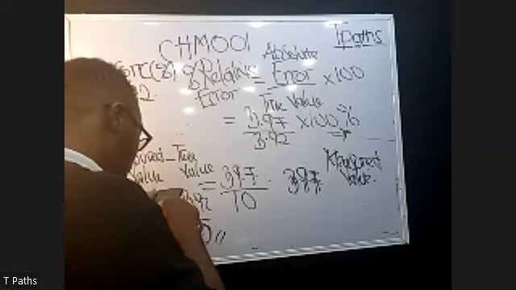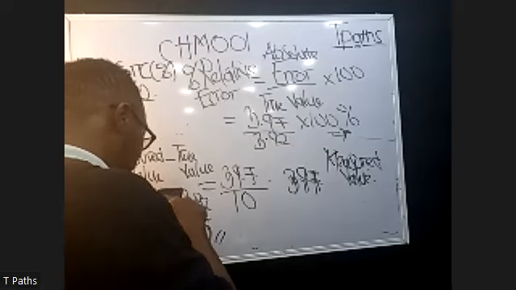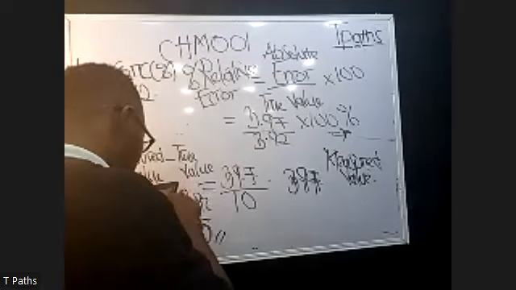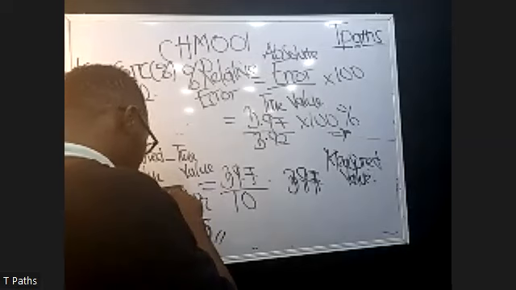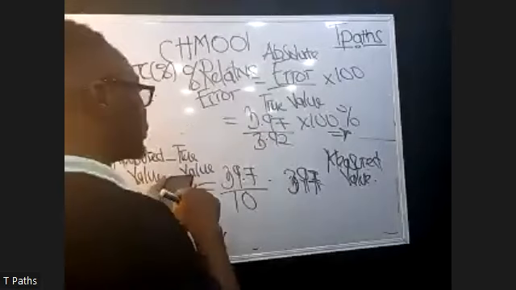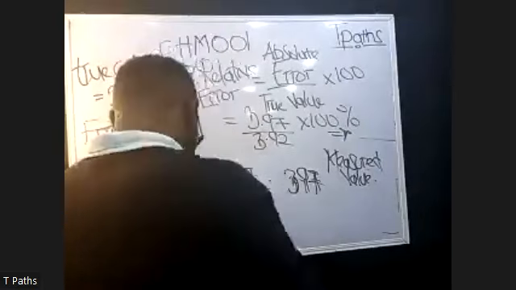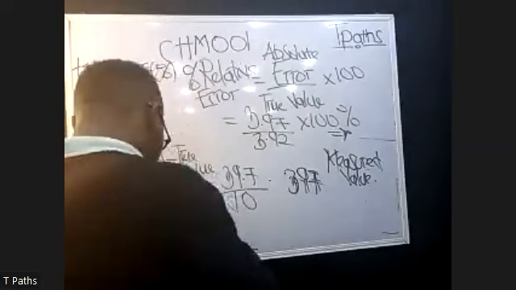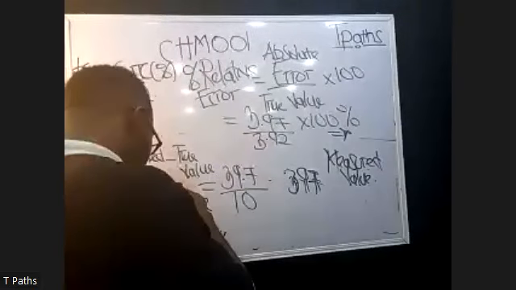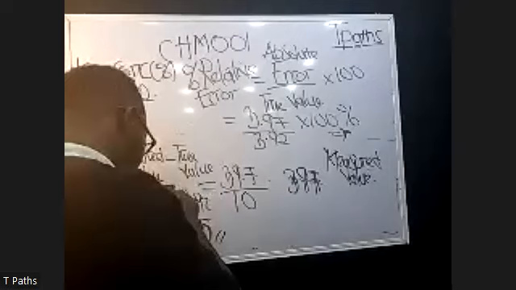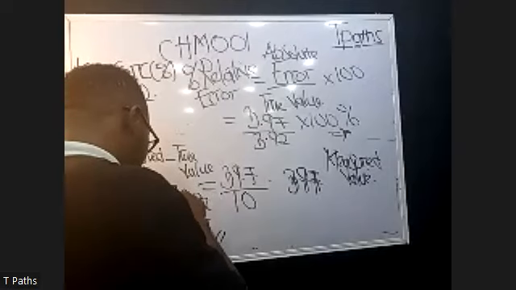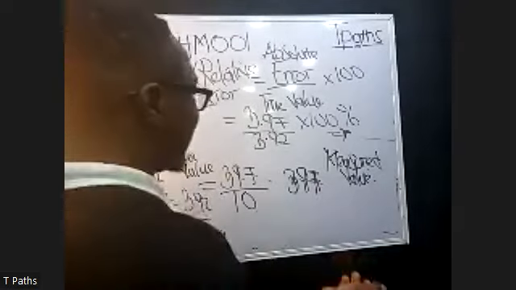I hope you are following from the slide we have. Plus 3.60. So that means we are still getting 3.97.